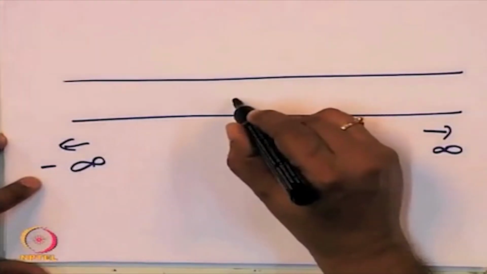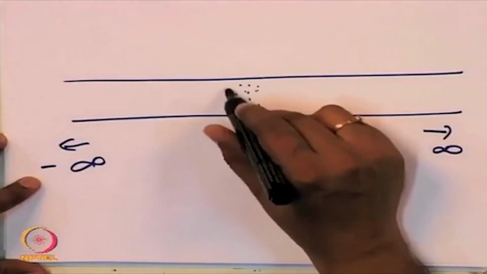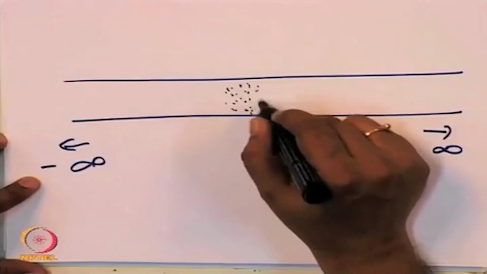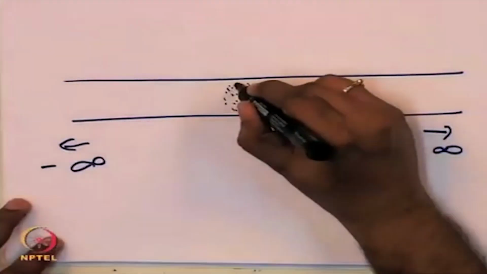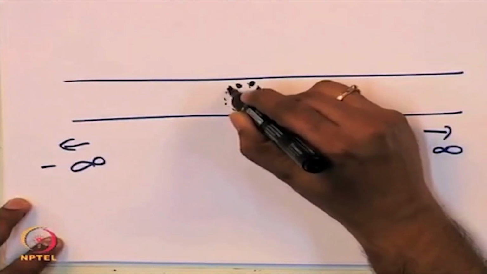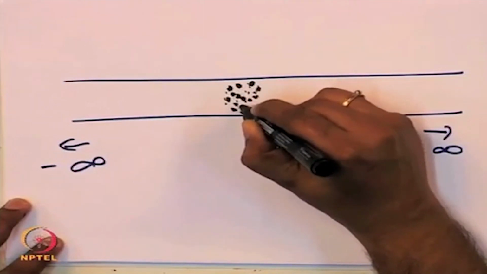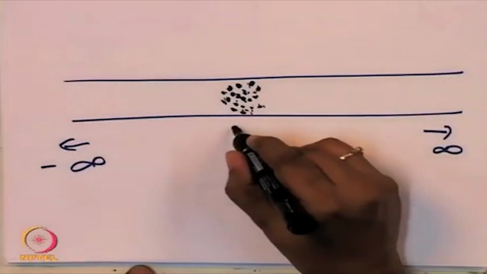I am putting a few drops of some molecules. It could be either ink molecules or protein molecules, but a small amount of protein molecules I am putting here at this particular position x.